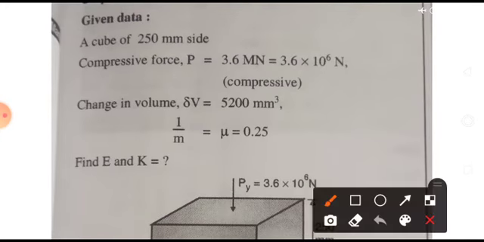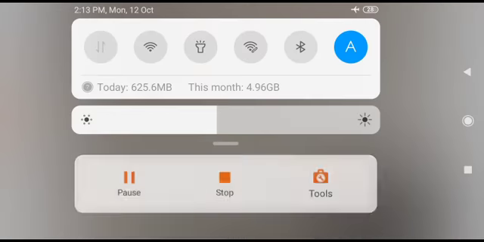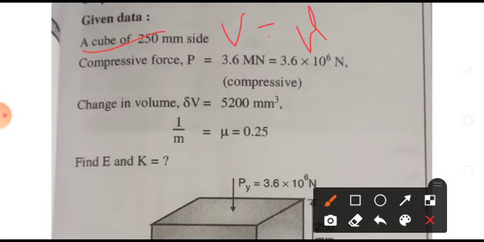So write down all this given data. Cube side is given, 250 millimeter, so to calculate the volume, which is length cubed, it is 250 into 250 into 250, the volume of that cube.